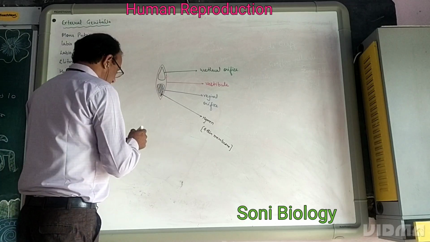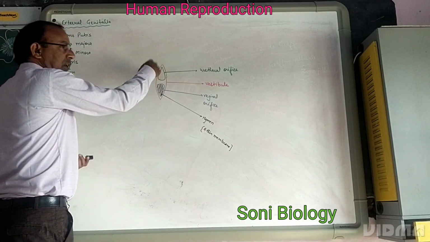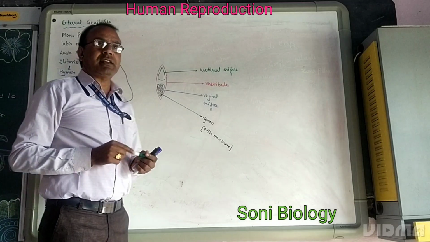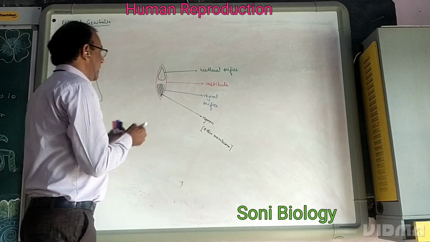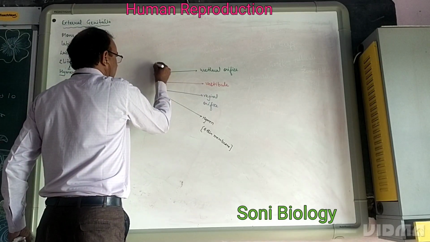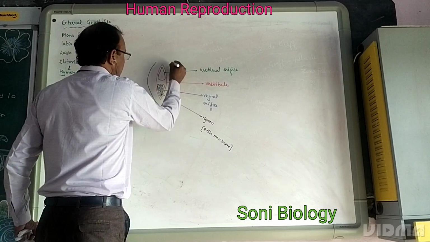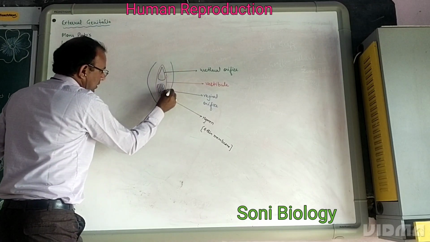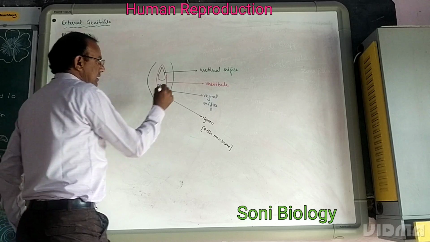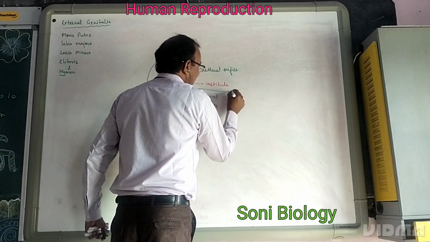This is the hymen. Just outside the vestibule, a folding skin, lip-like structure is present. This is called labia minora.